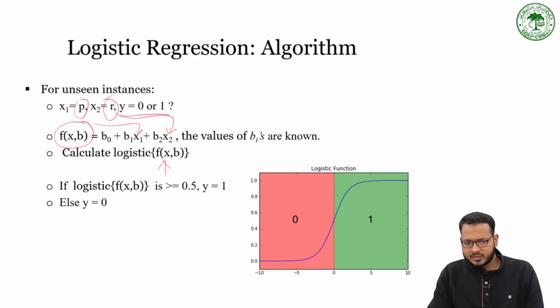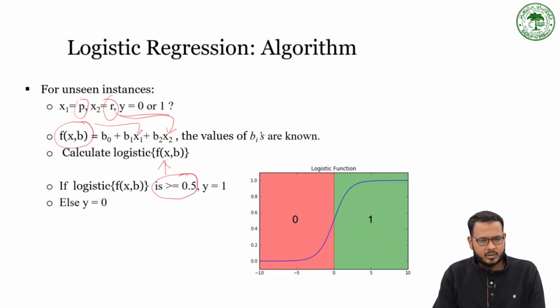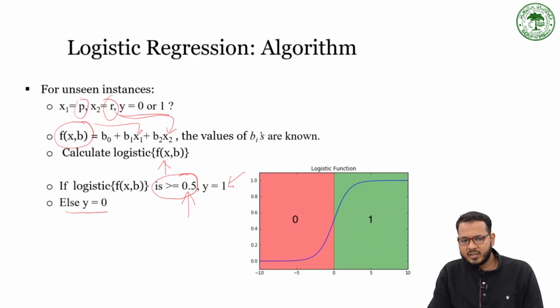If the logistic function gives us a value greater than or equal to 0.5, then we will predict the corresponding class as 1, and if it is less than 0.5, then we will predict the class 0. Once again, remember that here we are considering the threshold as 0.5, but we can vary this threshold as well.